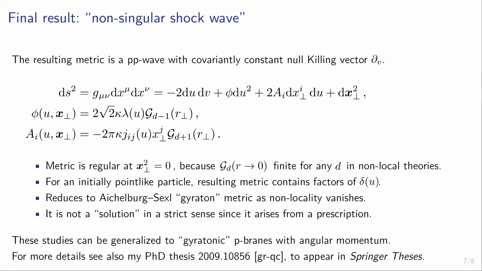Maybe I have just a comment. We are just finishing a paper on exact gyratons in infinite derivative gravity. The field equations are not linearized for gyratons, but they can be solved because there are two unknown functions which have to be determined.